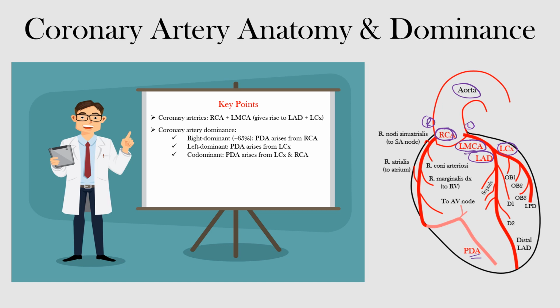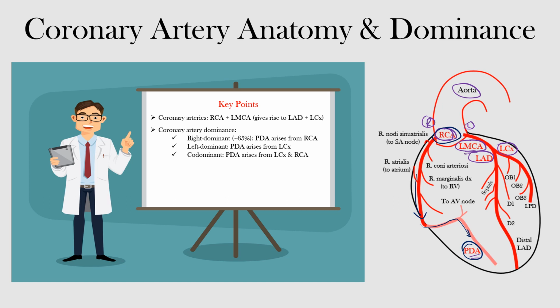Right dominance, or right dominant system, is when the PDA arises from our right coronary artery. Again, notice how the right coronary artery runs along this right side of the heart, comes to the back, and then in this case gives off our posterior descending artery.